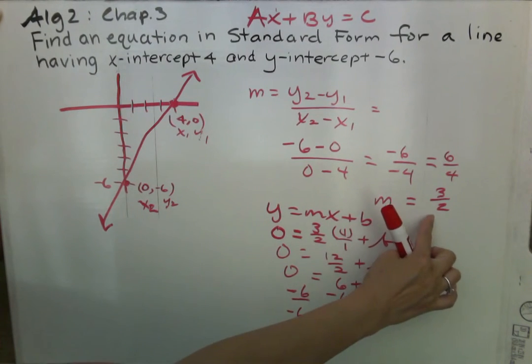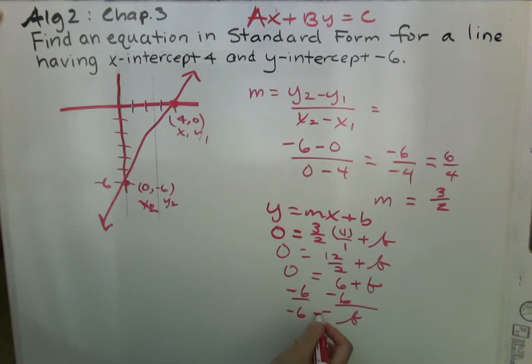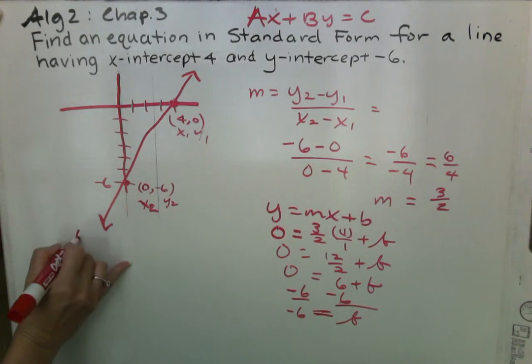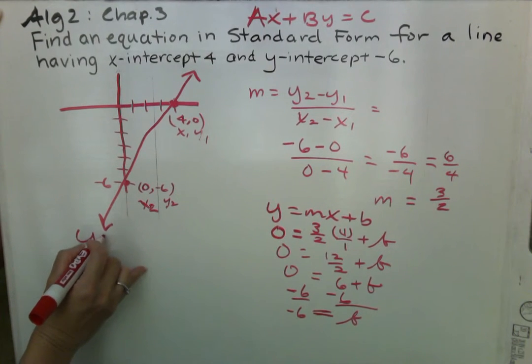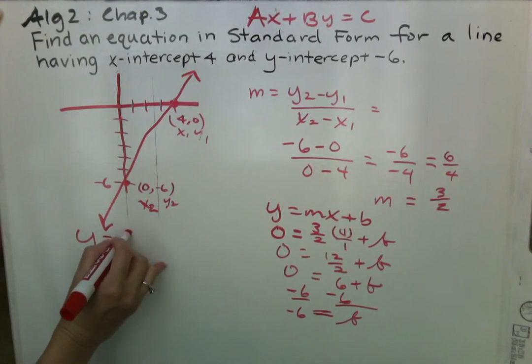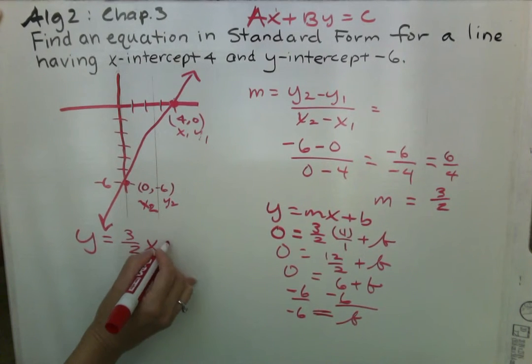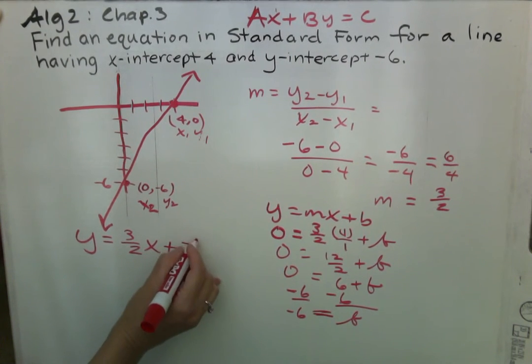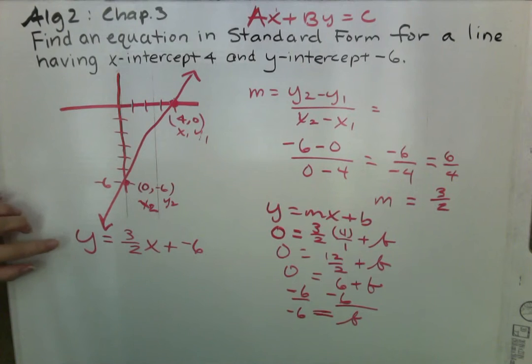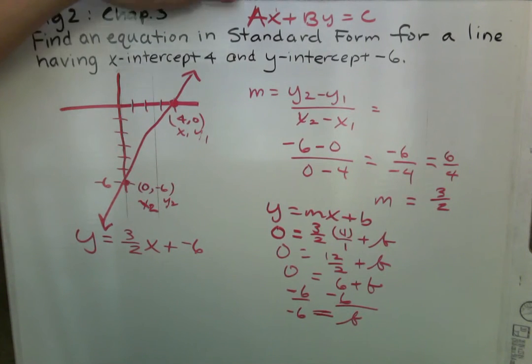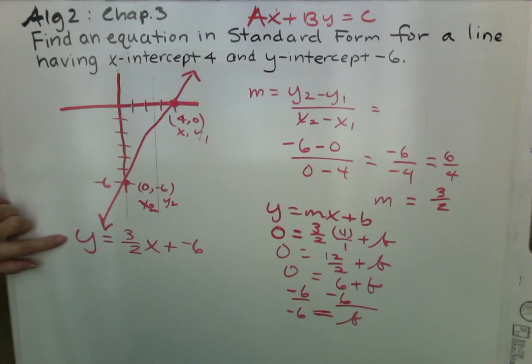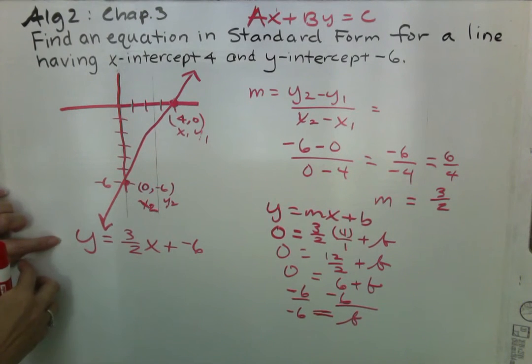So now we have the slope and the y-intercept. We'll go ahead and plug this into our equation. Y equals m, which is the slope, x plus now is -6. Now we're not exactly done because standard form is not the same as y-intercept form. So to get this into standard form, we're going to put the x and y on one side.